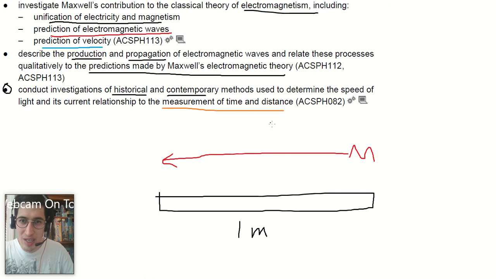It's the distance that light travels in 1 over 299,792,458 seconds. I forget exactly what these numbers are. In that number of seconds, a very tiny amount of time, the distance light travels is defined as a meter. Okay, more on why we define meters that way when we get to the special relativity stuff.